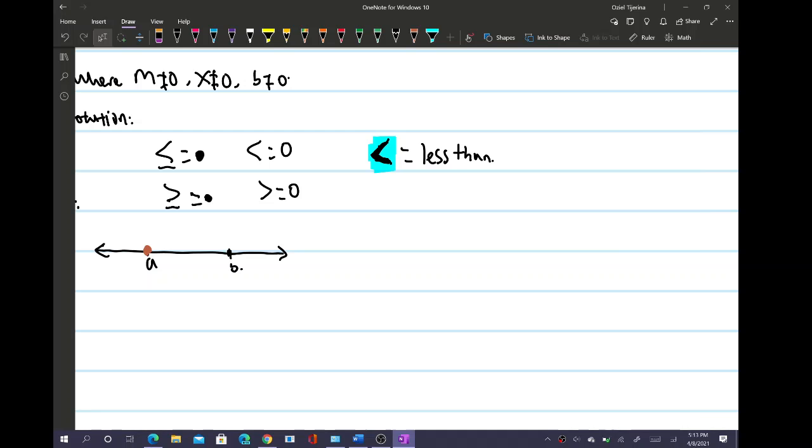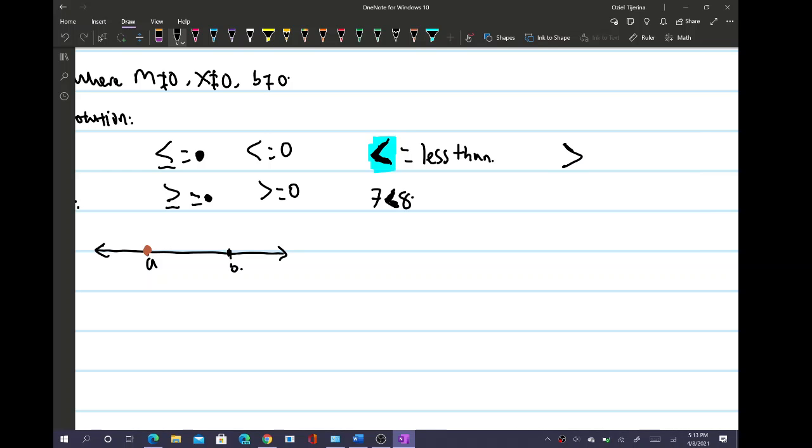Think of it that way. So let's say we have 7 is less than 8, because he wants to eat the bigger number. He's hungry, so he wants the bigger number.